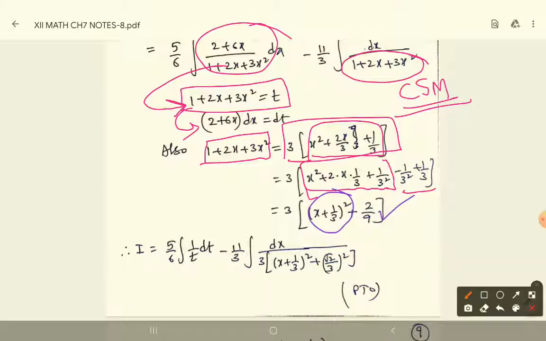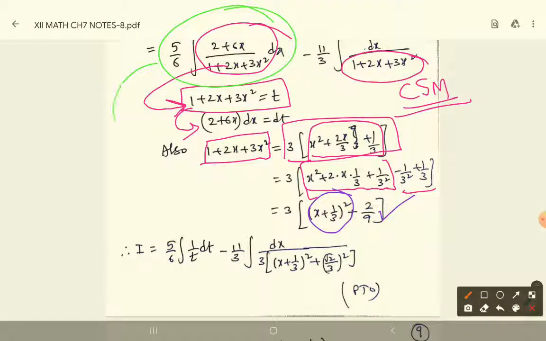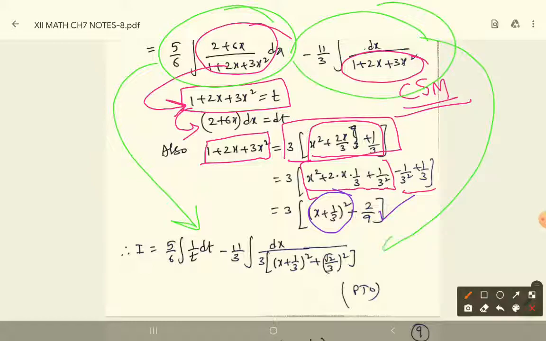So see, integral 1 is 5 by 6 into 1 by t dt, integral 2 is minus 11 by 3 dx by 3, 3 was taken out, x plus 1 by 3 whole square plus root 2 by 3 whole square, because 2 by 9 is nothing but root 2 by 3 whole square I can write.